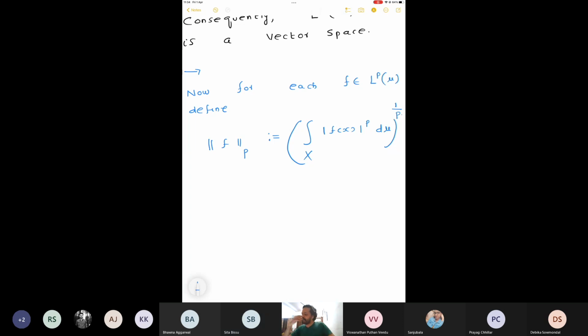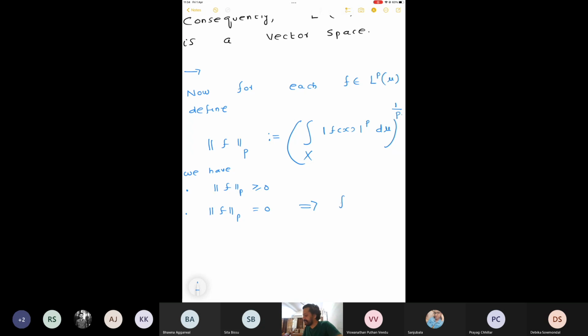Now suppose the norm is 0. Norm f suffix p is 0. What does it imply? That implies that the integral is 0. And if the integral is 0, what is your conclusion? The function is 0 almost everywhere.